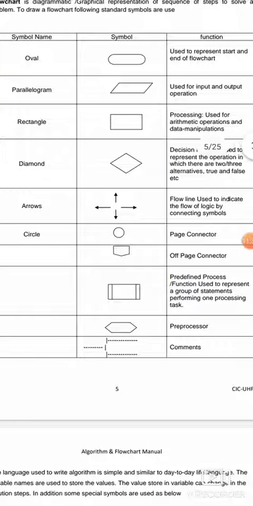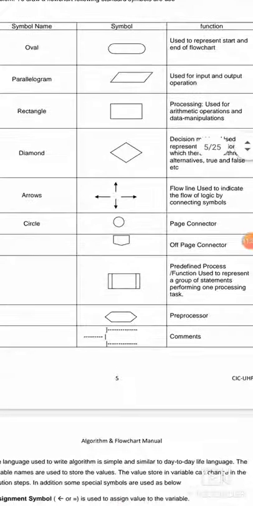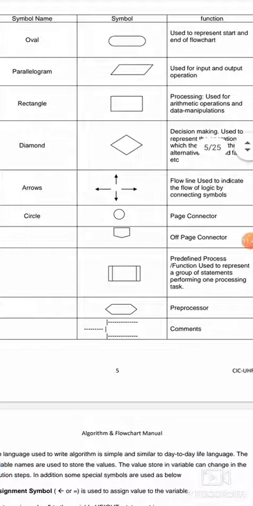And the off page connector, you can see this symbol here, and the next is the predefined process, like functions, used to represent a group of statements performing one processing task.